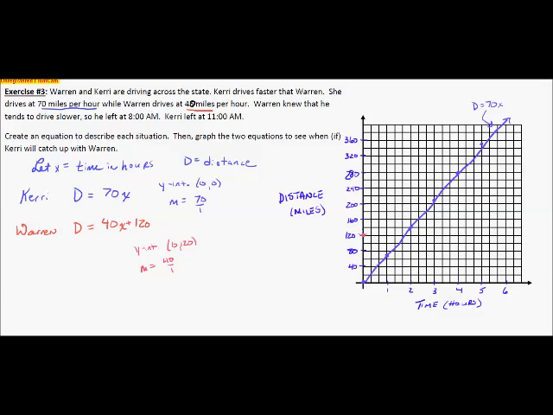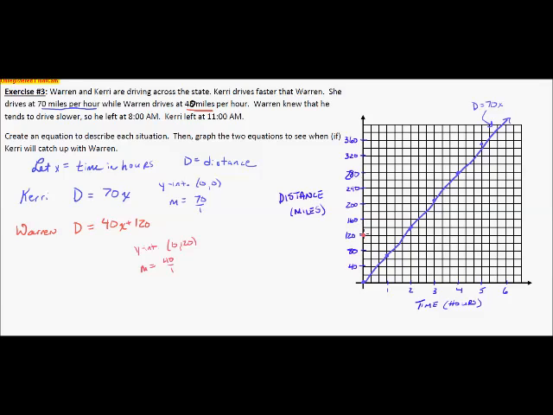So you can see at the beginning, right? This is at what time? This is at 11 a.m. At 11 a.m. Warren is actually 120 miles into the trip here. Okay, and he's going to go 40 miles an hour.